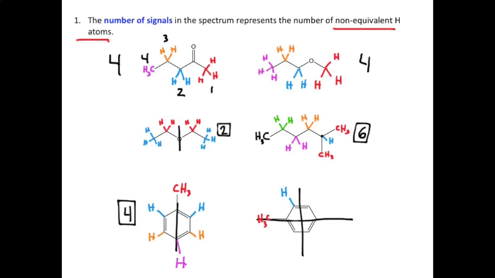So this molecule will only have 2 signals show up in the spectrum. All of these hydrogens here in blue are equivalent. All of the hydrogens on the aromatic ring are in fact equivalent. And then the hydrogens in red are also equivalent with each other. So we only have 2 colors, and therefore 2 signals.